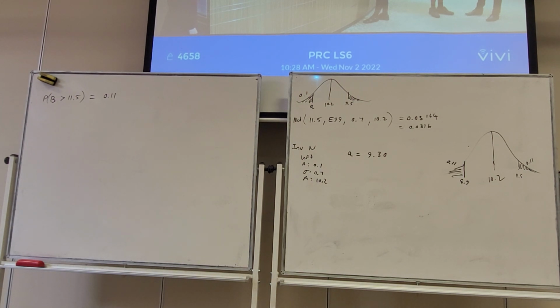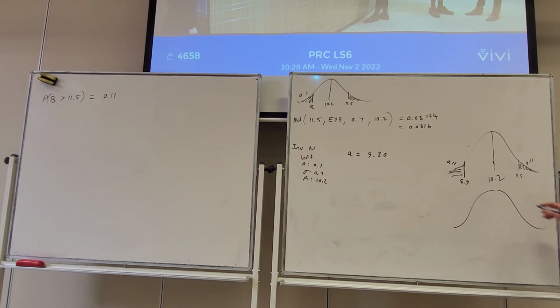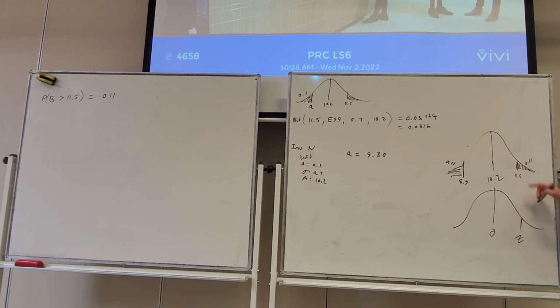So what we're going to do is compare this distribution with the z distribution, right? The z distribution has a mean of 0, standard deviation of 1, and we're saying, what is this as a z-score? What's the z-score of 11.5? And then we're going to use the z-score to calculate the standard deviation.